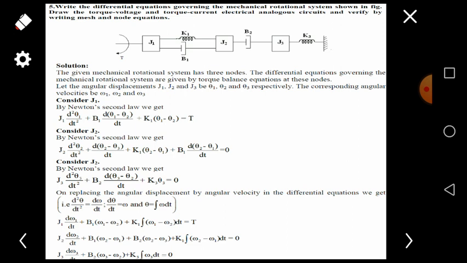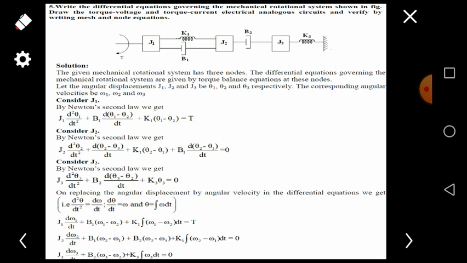Then k1 is connected in between the inertia J1 and J2. Now we are going to write for the equation of J2. We have to consider the displacement of J2 first. So k1 into theta 2 minus theta 1.